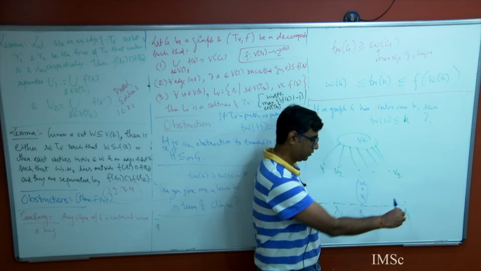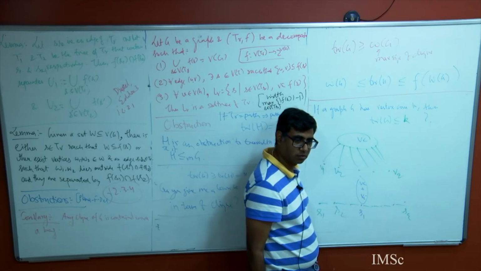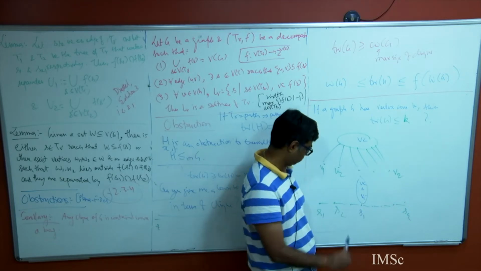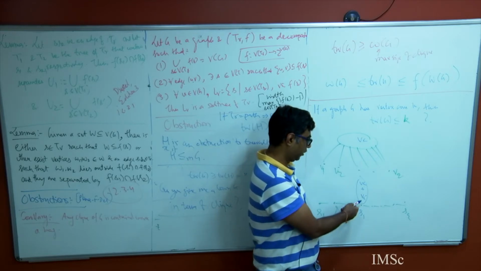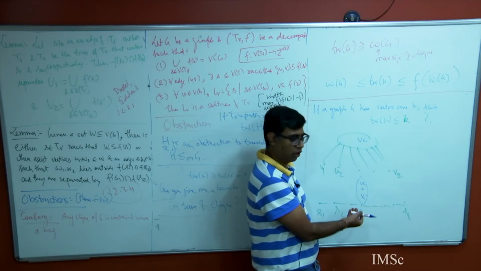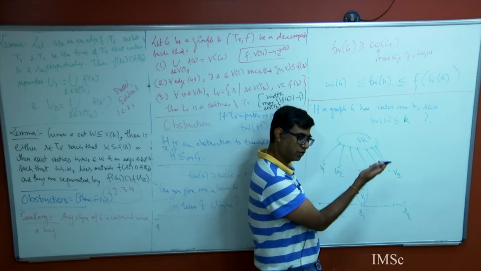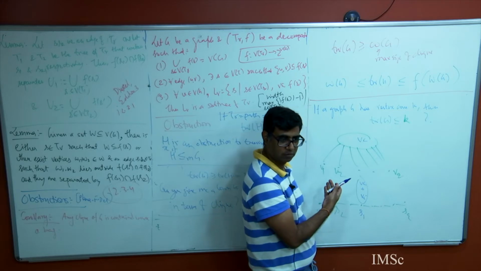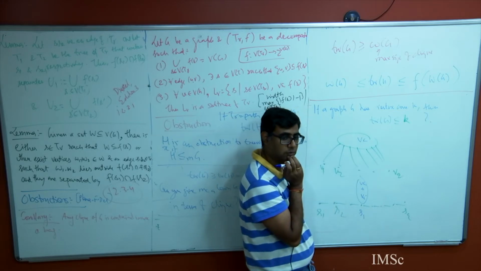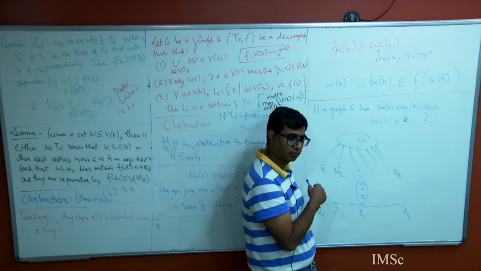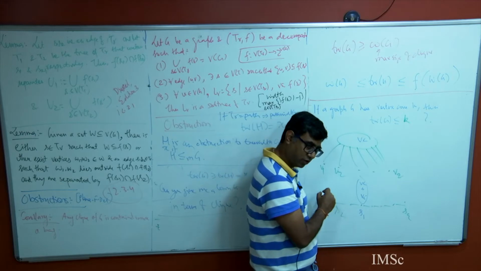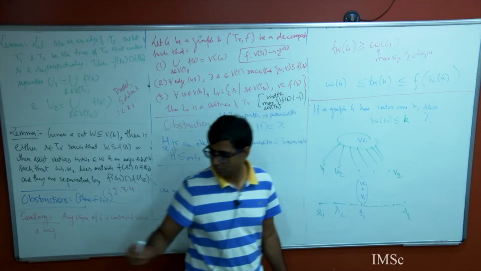Is this a tree decomposition? Valid. Every vertex is there, every edge is there, and every other vertex Vi only appears here, and every vertex of the vertex cover appears in the whole thing, so this is fine. So this is what I mean, that you have to give me TR and this.